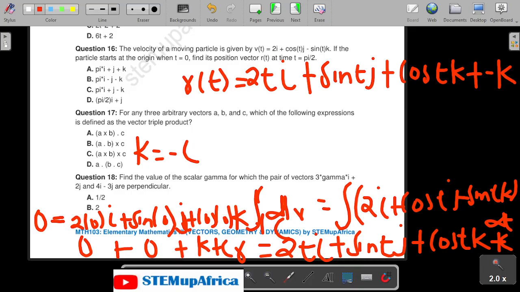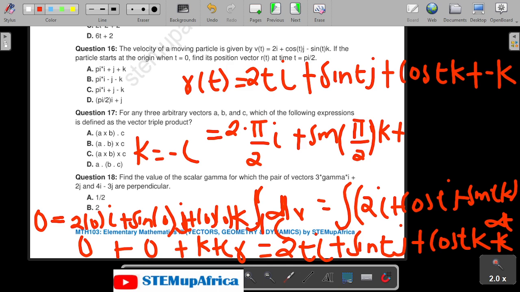So you find the position when t is pi over 2. So anywhere you see t, now put pi over 2. So I'm going to have 2 dot pi over 2 i plus sine pi over 2 j plus cos pi over 2 k minus k. So 2 can cancel 2.